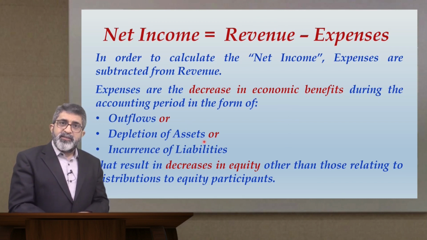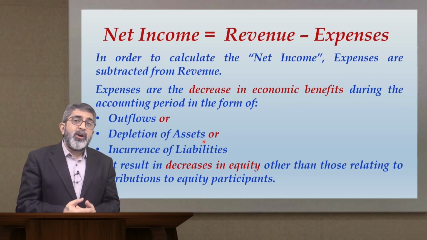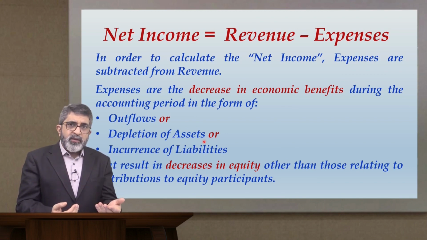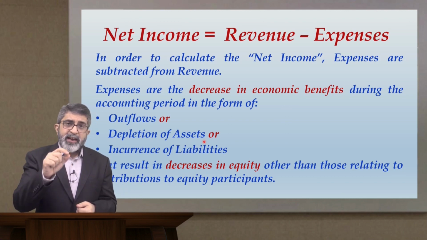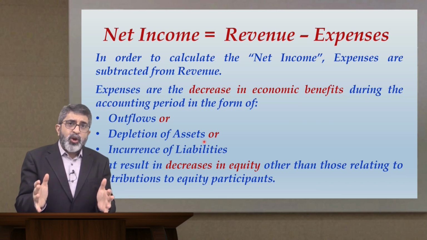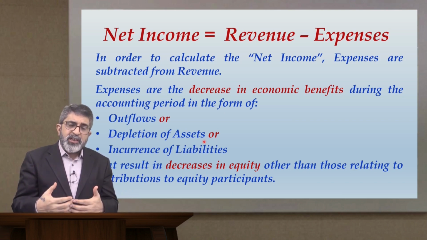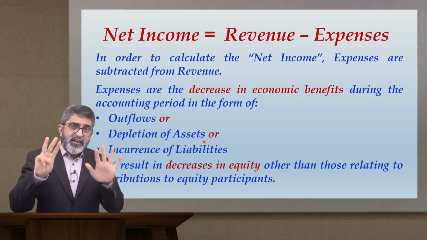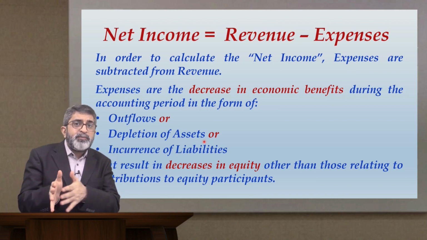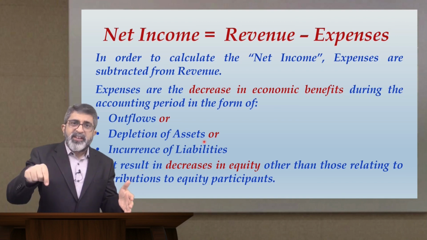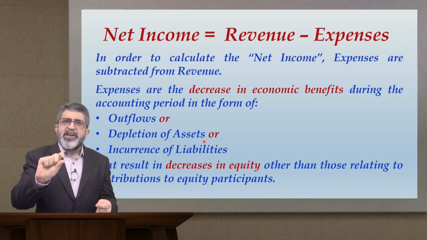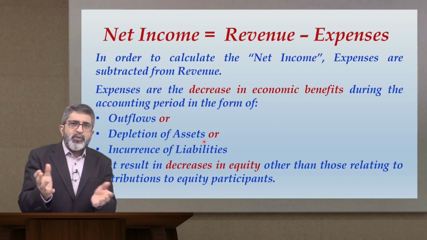Depletion of assets. Now, for example, you would have heard of something called depreciation, or earlier, sometime back I gave you an example that there will be, say, an expenditure of $40,000 for purchase of a machinery. The life of that machinery is 8 years. So logically, the cost of $40,000 should be spread over 8 years. This is done via depreciation, and the word depletion is very common to depreciation.